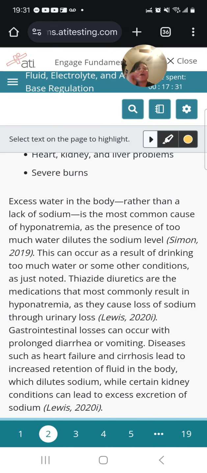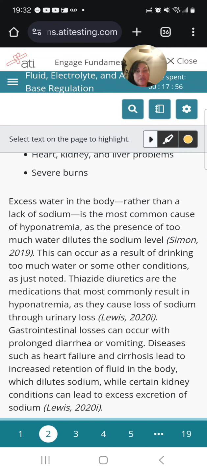Excess water in the body rather than a lack of sodium is the most common cause of hyponatremia, as the presence of too much water dilutes the sodium level. Thiazide diuretics are the medications that most commonly result in hyponatremia, as they cause loss of sodium through urinary loss. Gastrointestinal losses can occur with prolonged diarrhea or vomiting.